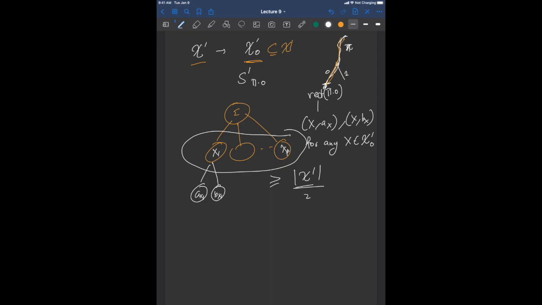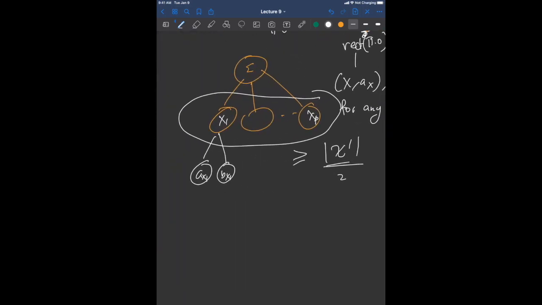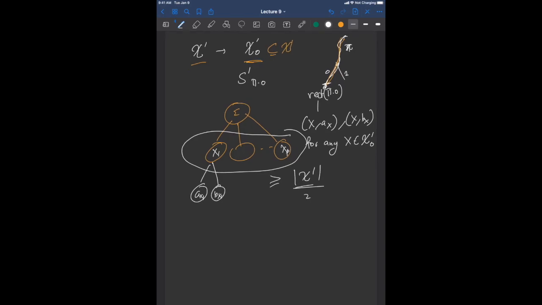Now, did we have any guarantee? Earlier we said that in the first stage, at the root of the transcript we had 2^{mn} matrices, and every time we halve the number of matrices in the worst case. So after m minus square root m bits of communication, there were at least 2^{mn} divided by 2^{m-√m} matrices in our set.